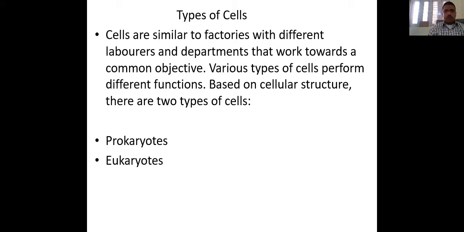There are two main types of cells, known as prokaryotic and eukaryotic, and this division is based on the cellular structures. On the basis of the cellular structures, the cells are divided into two parts, that is the prokaryotic and eukaryotic.